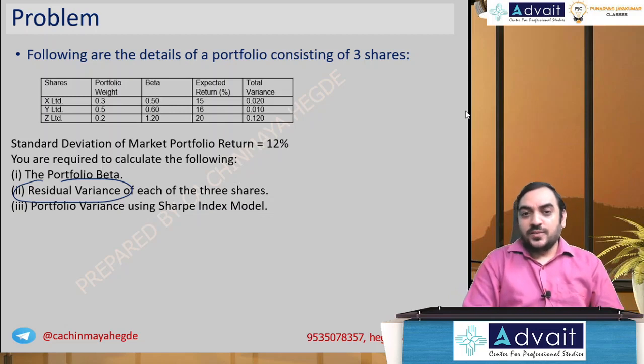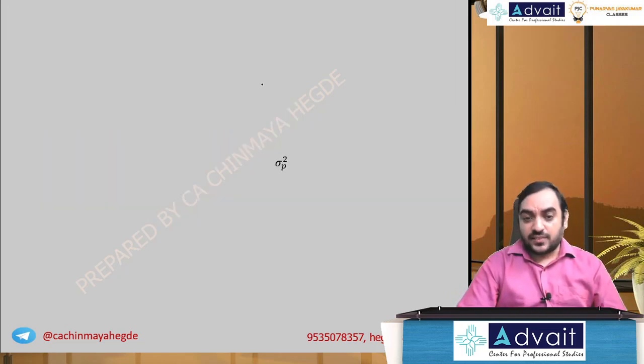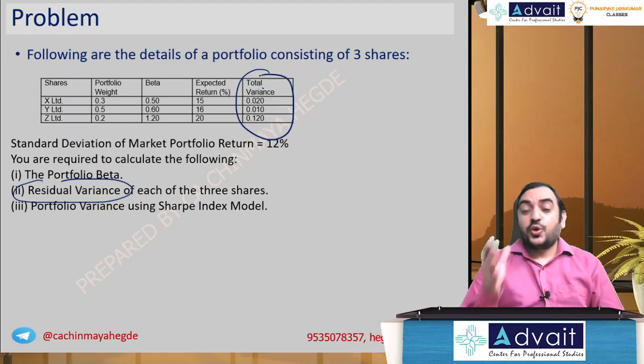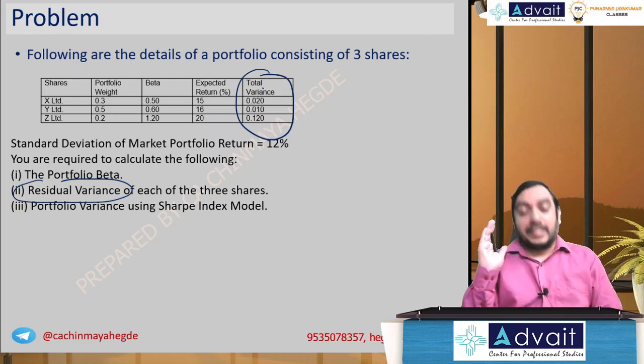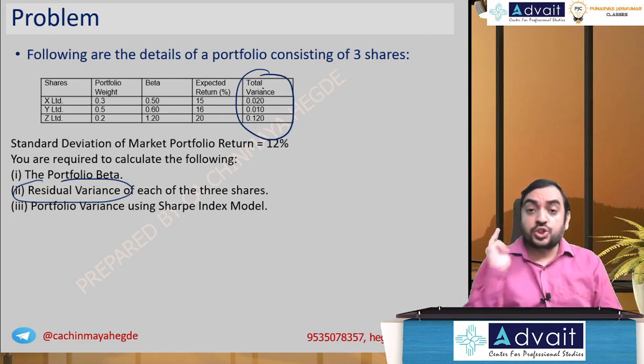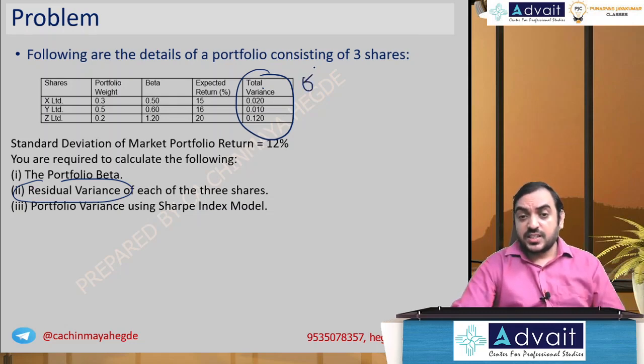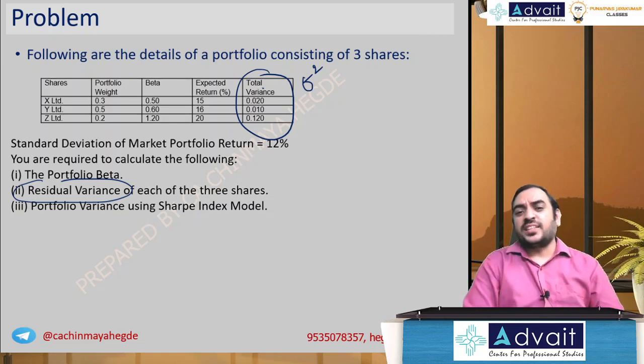Okay, one thing you observe, they have given total variance. Total variance means this is already after squaring it. So you should not do square again. This itself is variance, sigma square. So please don't do the square of this number when you're calculating something. And one more mathematical part, keep it in mind. Converting percentages into decimals sometimes can give a conflicting answer.